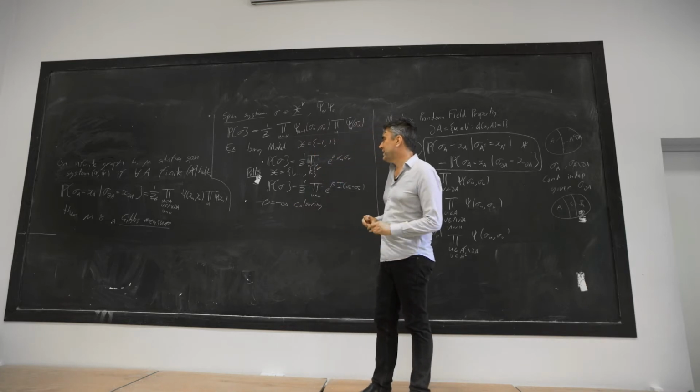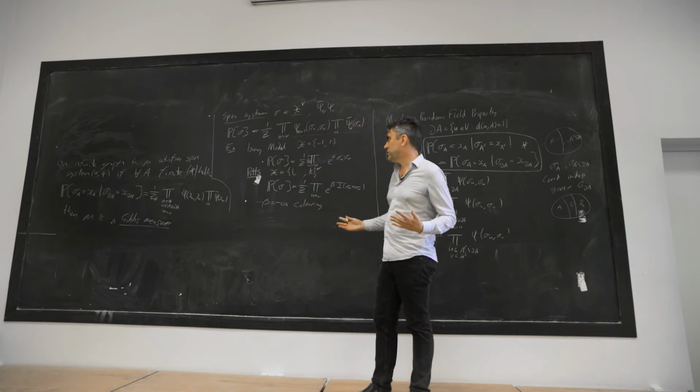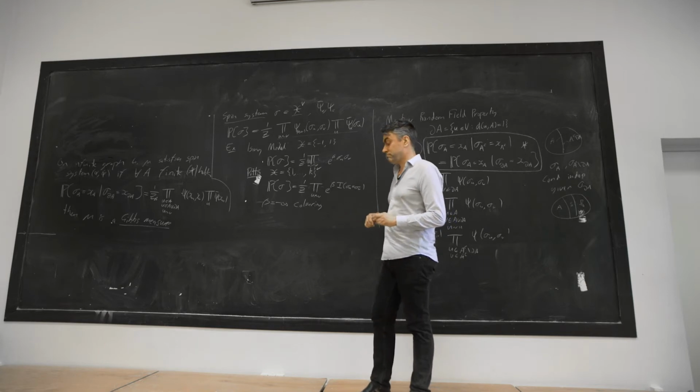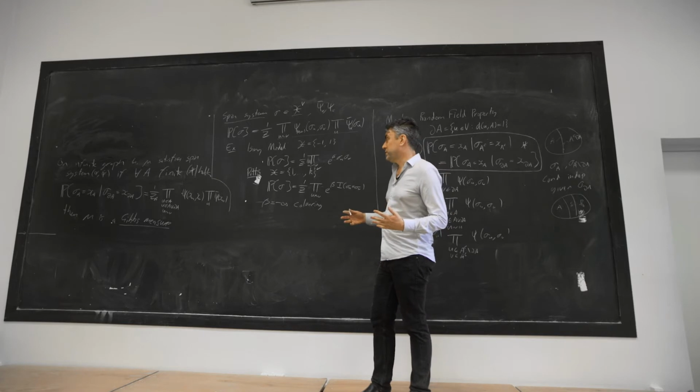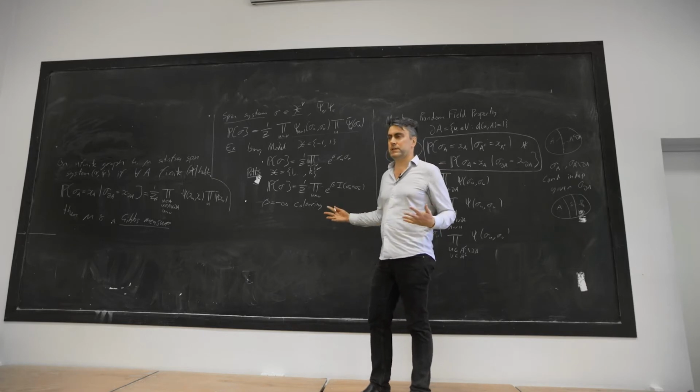But from the point of view of random constraint satisfaction problems, the objects we'll be interested in will be where the graph is a tree.